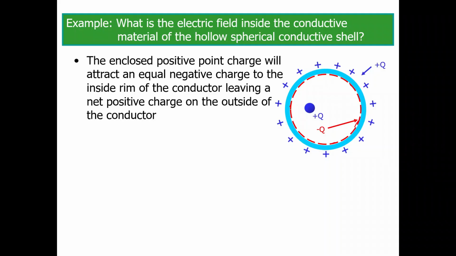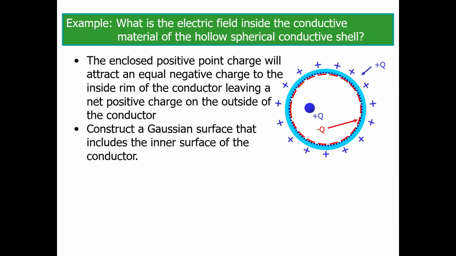So you have a negative Q's worth of charge inside because that's how much charge is going to be attracted towards the center. That's going to mean we're going to have a positive Q's worth of charge outside because my conductor still has to be neutral, which means I still need to have a total amount of charge that adds up to 0. So my conductor has now become polarized.